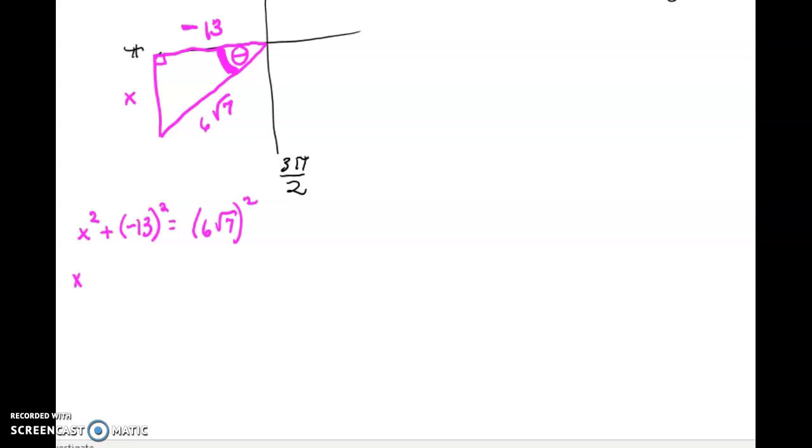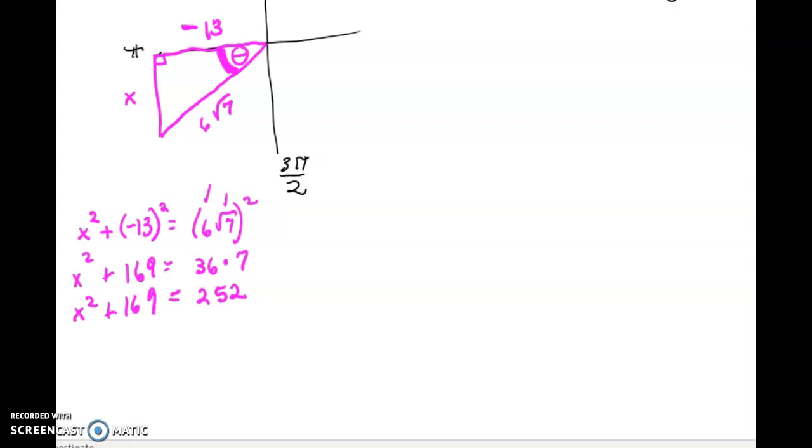So x squared plus 169 equals 36 times 7. You square the 36 and you square the square root of 7, and then you multiply them together. 36 times 7 is 252.